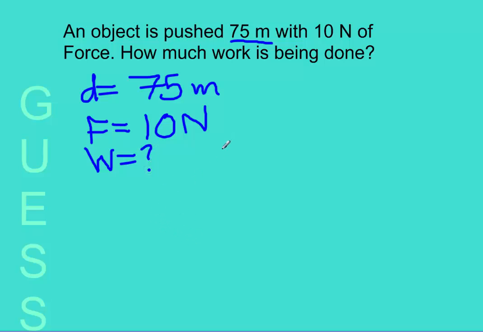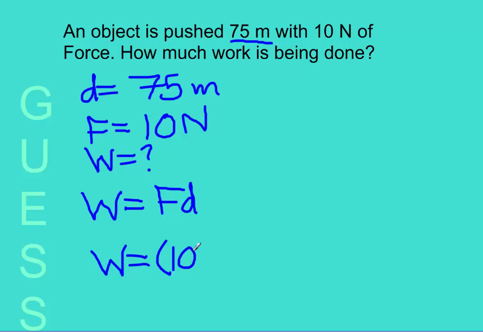We need to select the correct equation. Well, as we said earlier, work is equal to force times distance. We're going to substitute in the information that we know, our givens, into our formula. So work is equal to 75 meters, and we have 10 newtons.